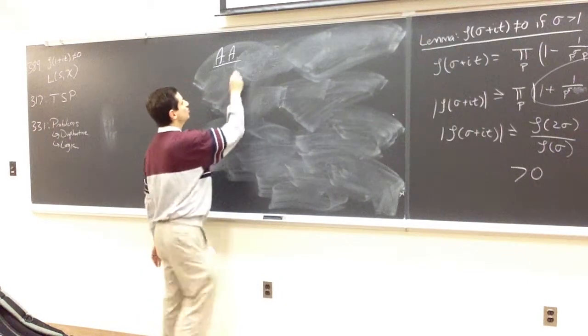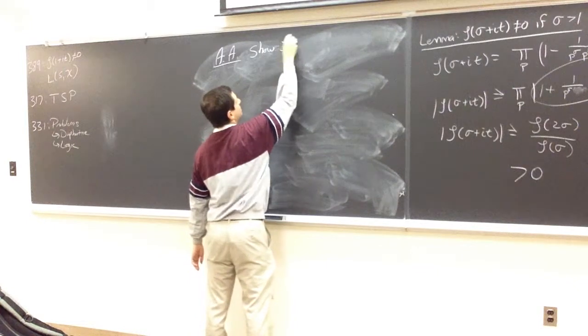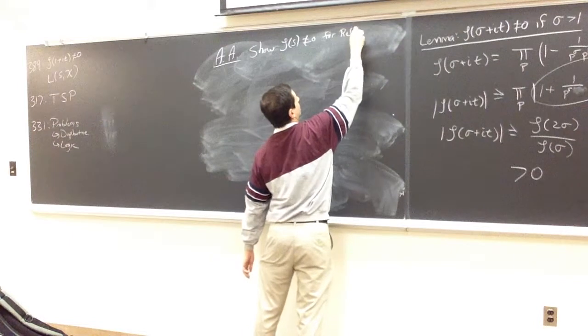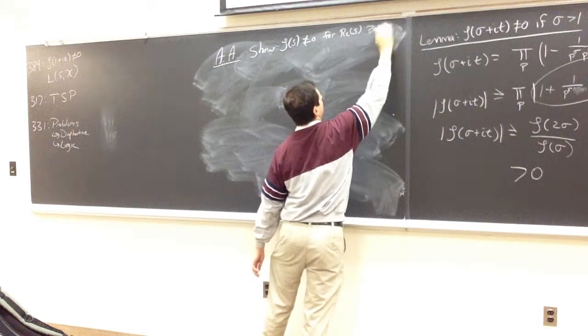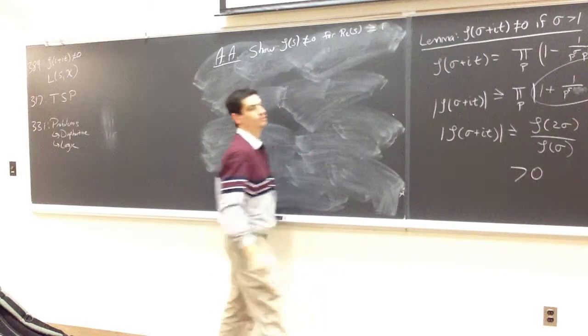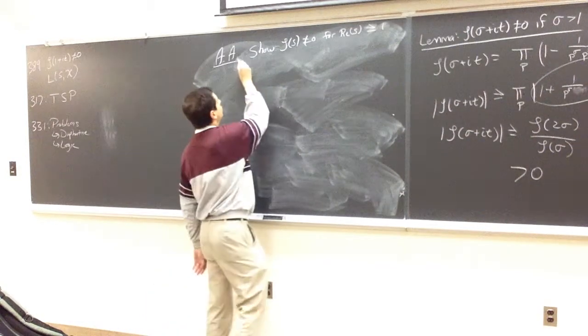What we're going to do is we're going to show zeta of s does not equal 0 for real part of s greater than 1. We can replace the greater than with greater than or equal to. This is a minor change, but it turns out this is equivalent to the prime number theorem.